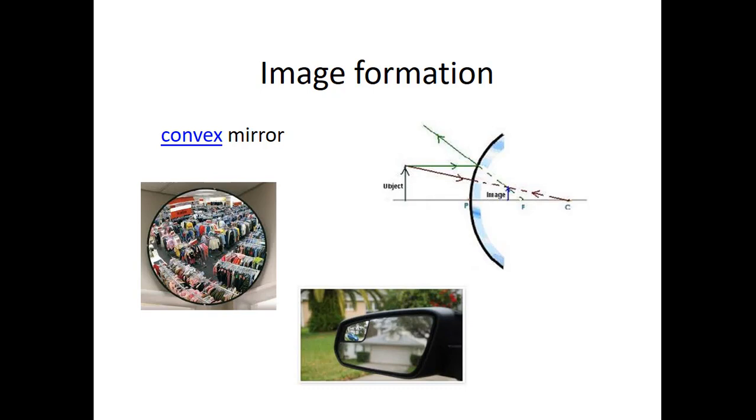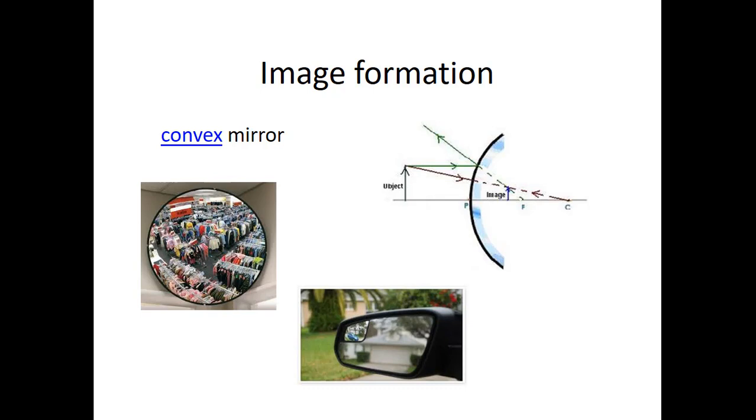So what happens is the image gets smaller, and if you look at the geometric drawing at the top, you can see that the image is smaller than the object. And that's one of the characteristics of a convex mirror. We use them to see blind spots in our cars. A truck would have a circle mirror there where it can see the whole blind spot. Sometimes in your car you just have a mini circle or one like this mirror here.